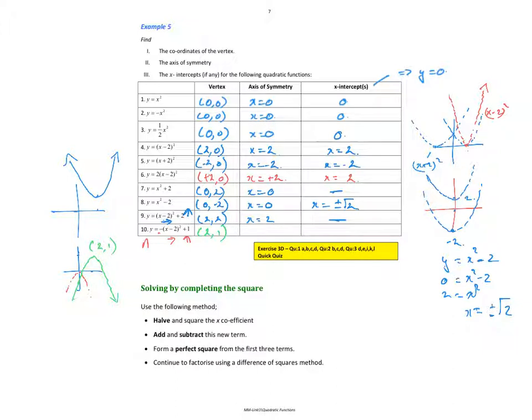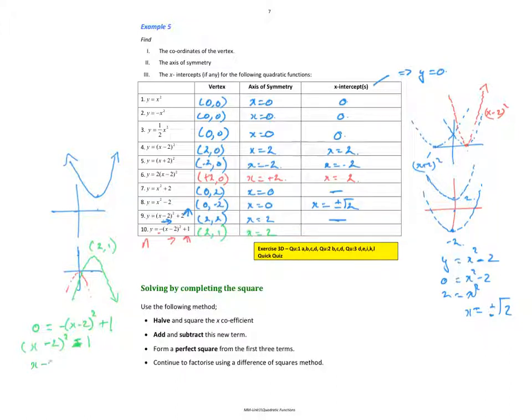My axis of symmetry at x equal to 2. Let's check our intercepts. I need 0 to be equal to negative x minus 2 all squared plus 1. So if I take that negative across, x minus 2 all squared is equal to 1. Take a square root.